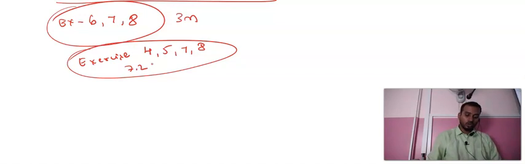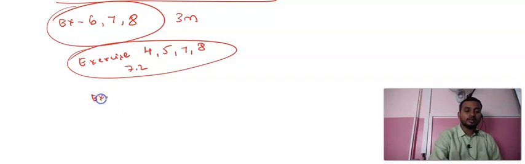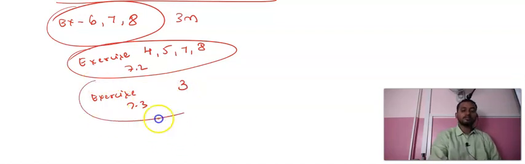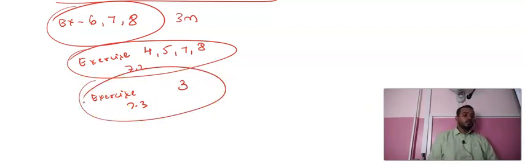And also, one more question for 3 marks you can expect from this chapter: exercise 7.3, question number 3, 3 marks. So these are the topics where you can expect 3 mark questions.